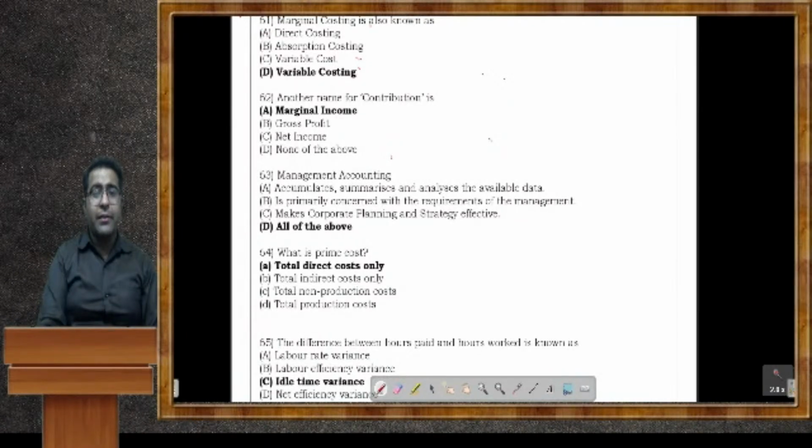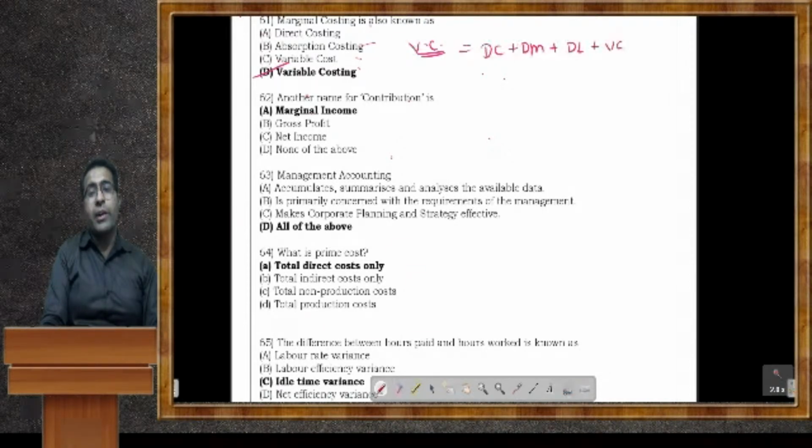Marginal costing is also known as variable costing. Variable costing is equal to direct material plus direct labor plus variable overheads. Another name for contribution is margin income. How is it calculated? When we are selling any type of product, from this we have to deduct variable cost.